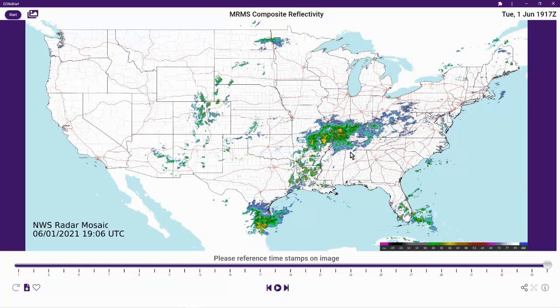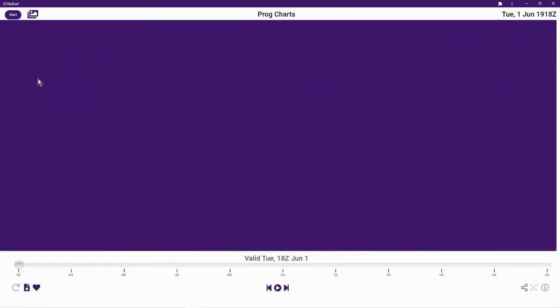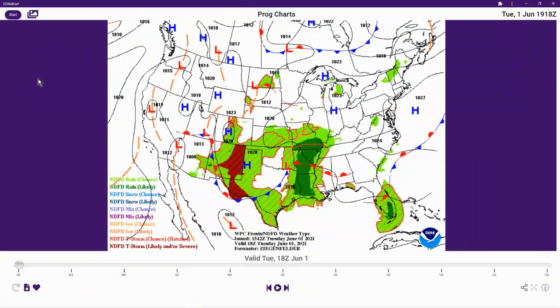And also, if we look at the Prog charts again, there's one more feature here, and that is the hatched regions. The hatched regions essentially mean that the forecaster expects that particular precipitation area to be convective.